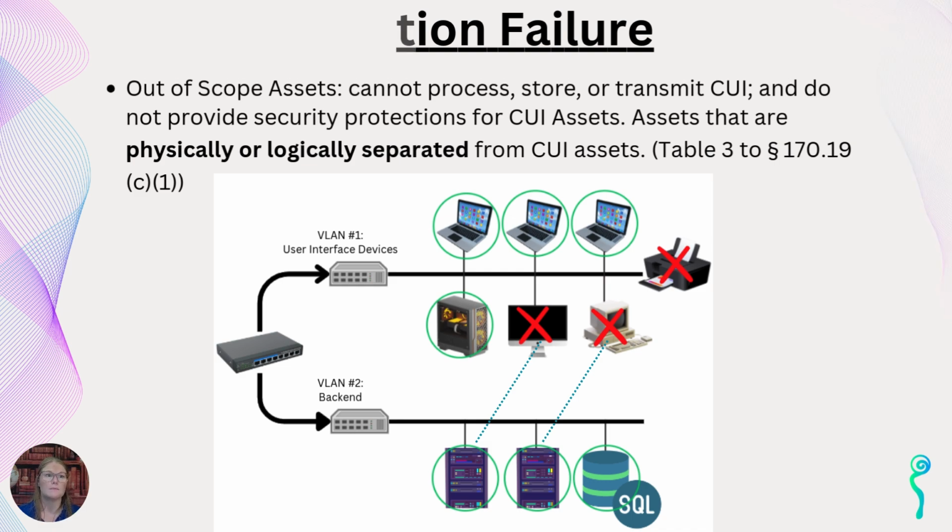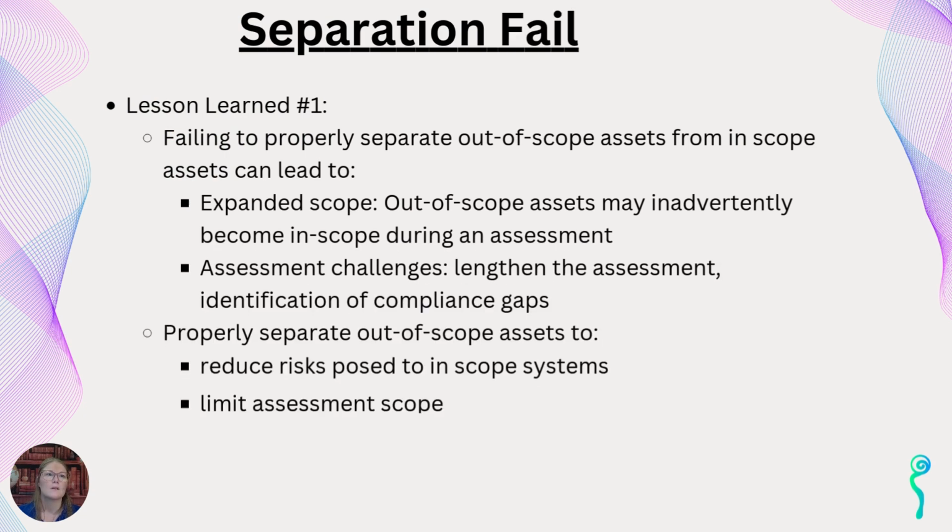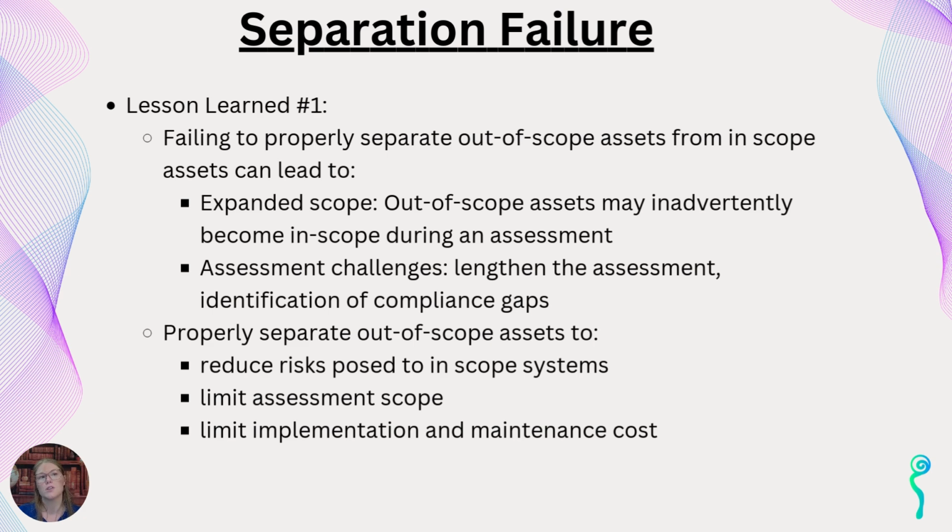let's recap. The first issue I'm seeing and associated lessons learned is the failure to properly separate out-of-scope assets from in-scope assets. This can lead to an expanded scope or potentially halting the assessment because those out-of-scope assets now are in scope and they do need to be evaluated for NIST 171 implementation.